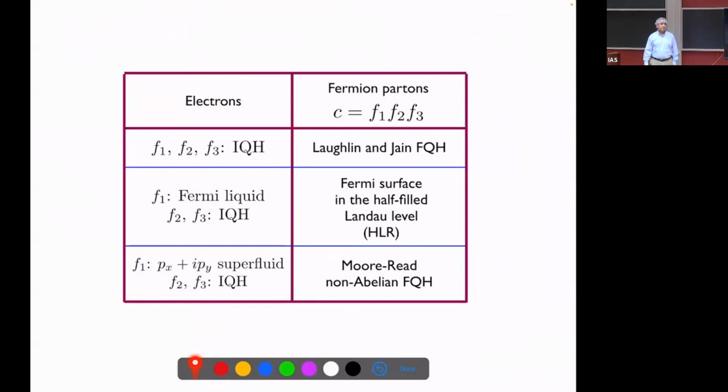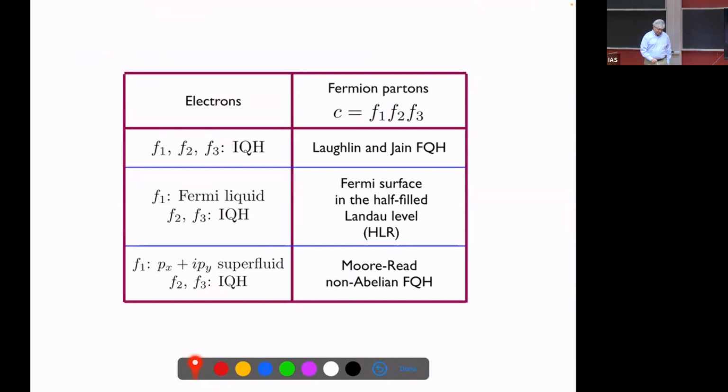So C is the electron. You write the electron in terms of 3 partons, F1, F2, F3, which are all fermions. Now you can ask, let's treat these partons as nearly free and put them in some state in a magnetic field, and then put back the gauge fields and ask what you get.